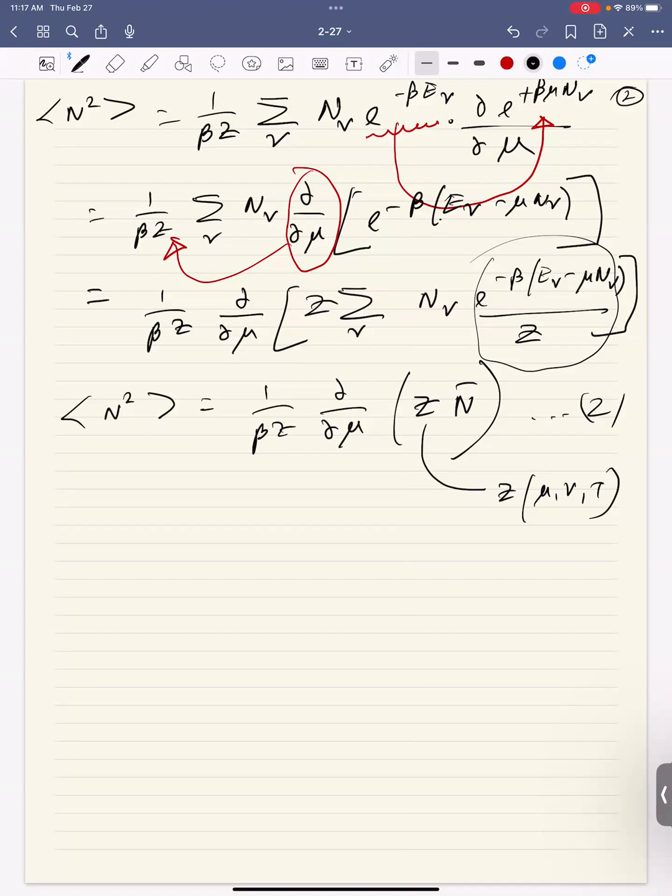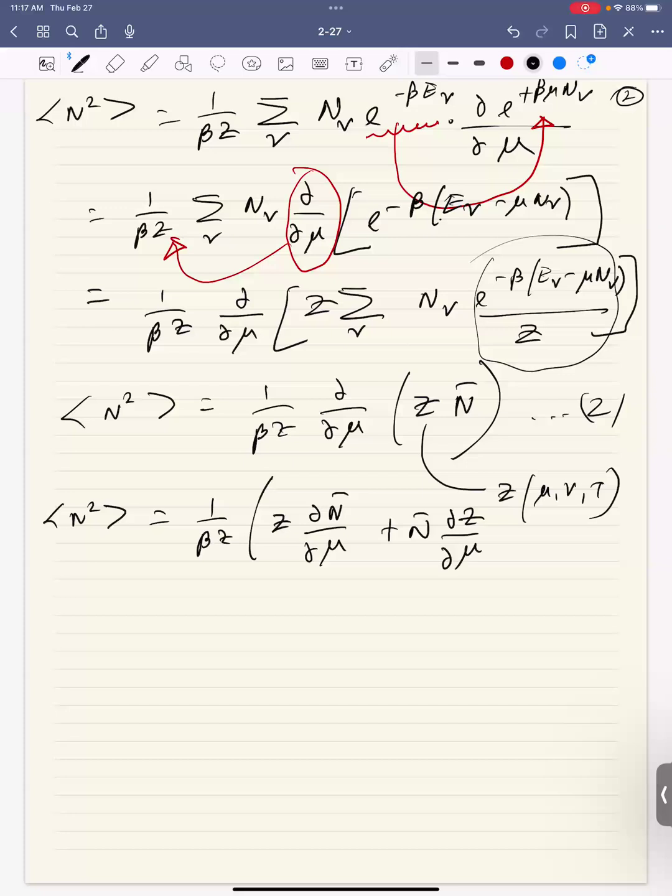So what we are going to do now, we will use the product rule. So average of n square is 1 over beta z, z multiplied by partial n bar with partial mu, plus n bar multiplied by partial z by partial mu. Okay, so average n square.